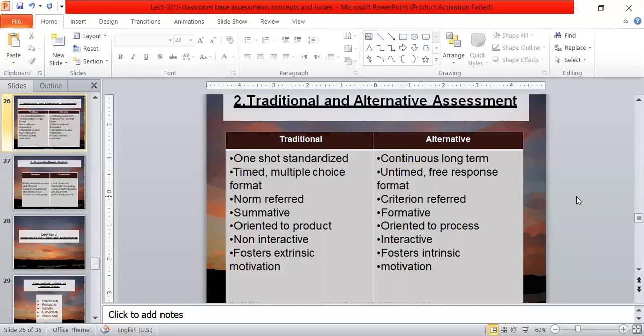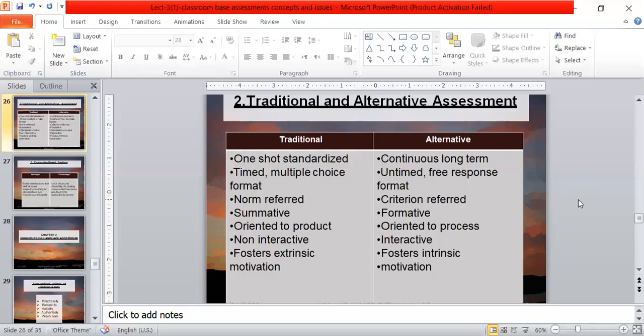Traditional assessment style is summative type examination, whereas alternative is ongoing, that is formative assessment type. Traditional is oriented to product, whereas in alternative system of assessment, orientation is towards the process.